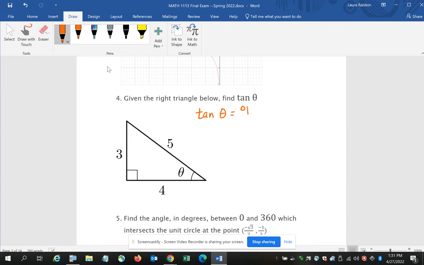Tangent, if you'll remember, is the opposite over the adjacent. So focusing on where theta is located, opposite, adjacent, and hypotenuse. So I would have my opposite value is 3, my adjacent value is 4, so my answer is positive 3/4.